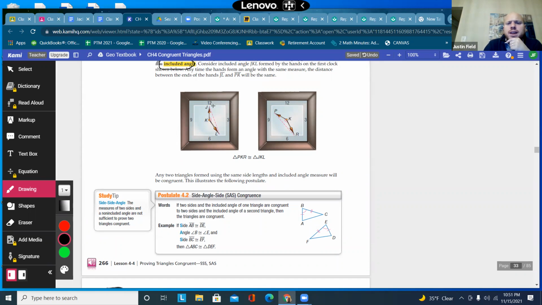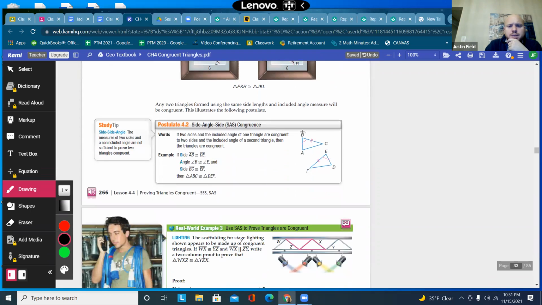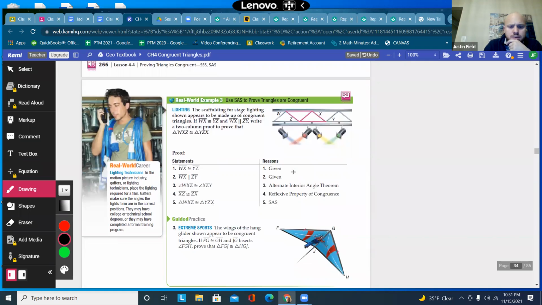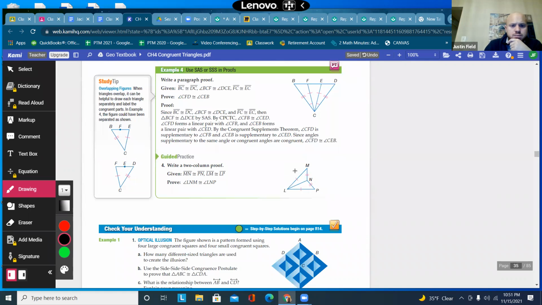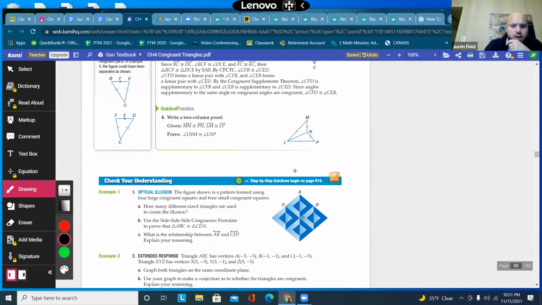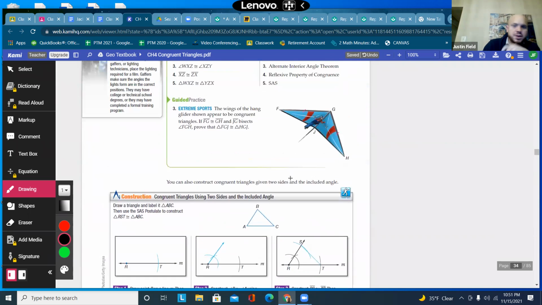Like the angle of a clock, as it says. Okay, so you can see B is an included angle and E is an included angle. It's between those two congruent sides. So, all right, I'm going to do 2 more proofs and then I'm going to sleep.